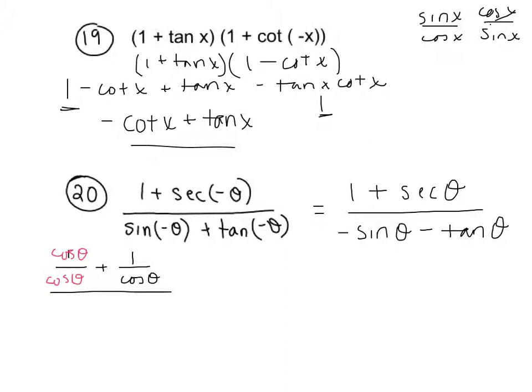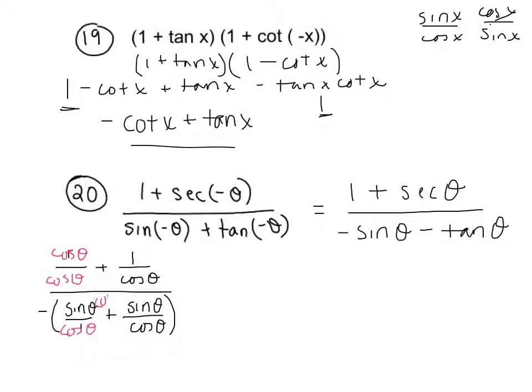right? So then in the denominator, I would factor out a negative, and I would have sine theta over 1 plus sine over cosine, because that is tangent over there. All right, so the common denominator in the bottom is also cosine.